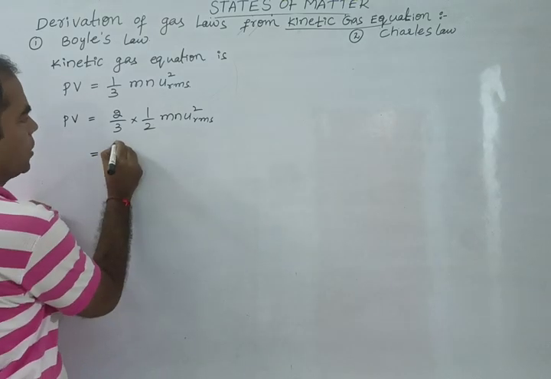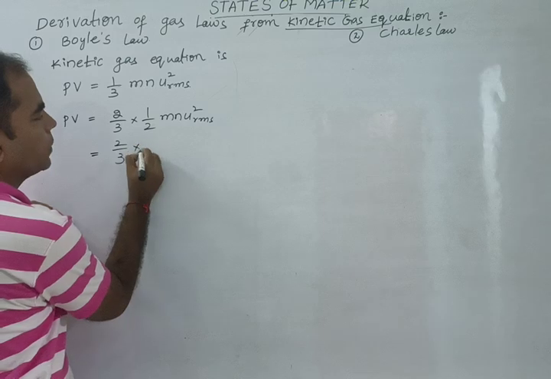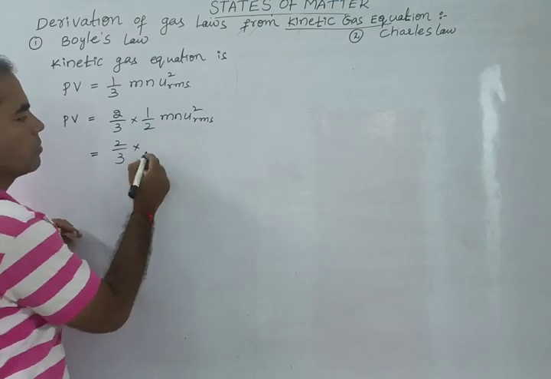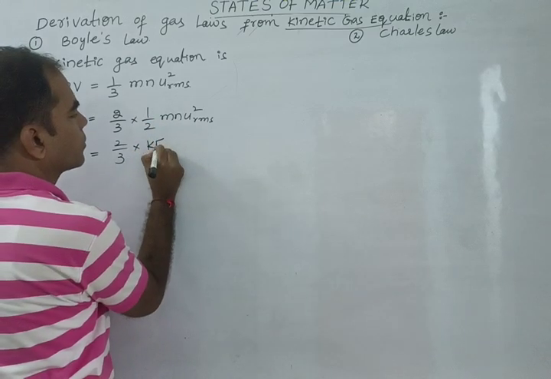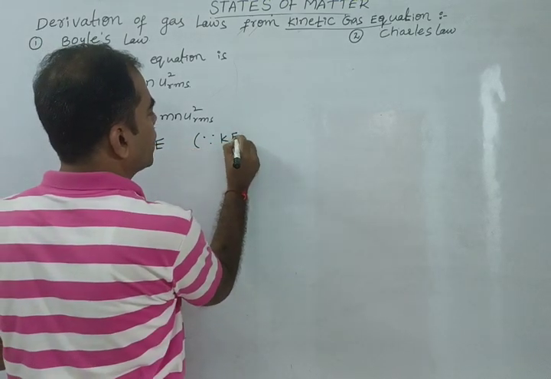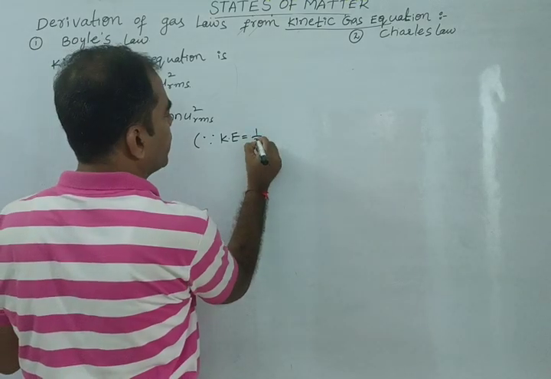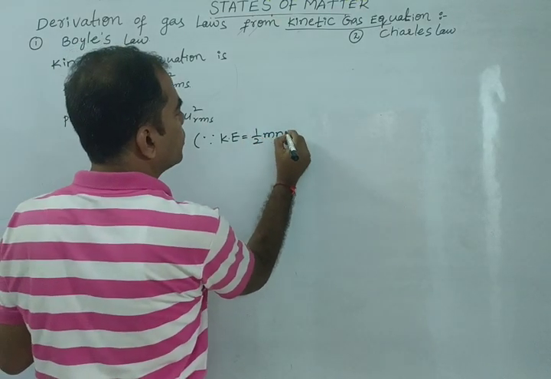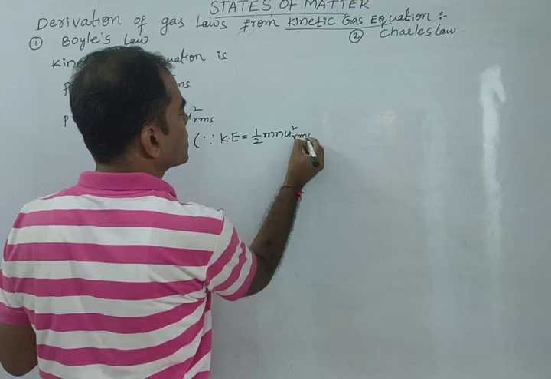Then PV equals 2 by 3 into 1 by 2 mn u square, which I can write as KE, since the kinetic energy of the gas molecules equals 1 by 2 mn u square RMS.